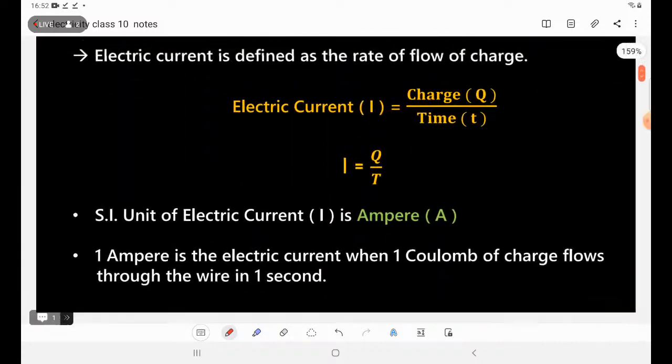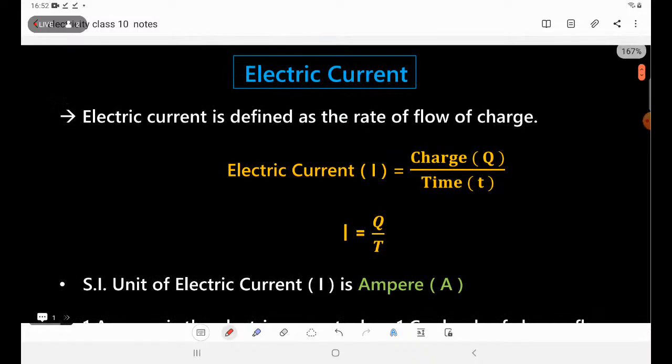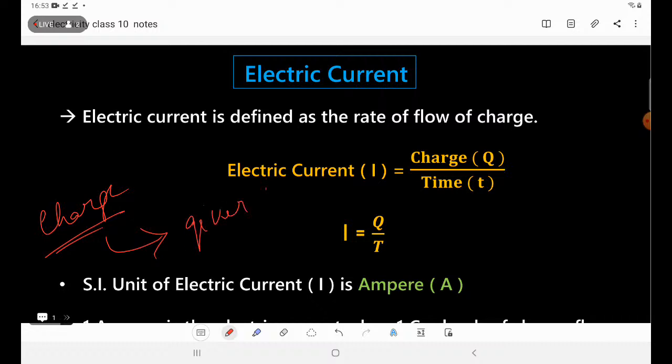Next, let's go to the topic of electric current. Electric current is the rate of flow of charge. That means how much charge flows in 1 second, or in a given particular time.